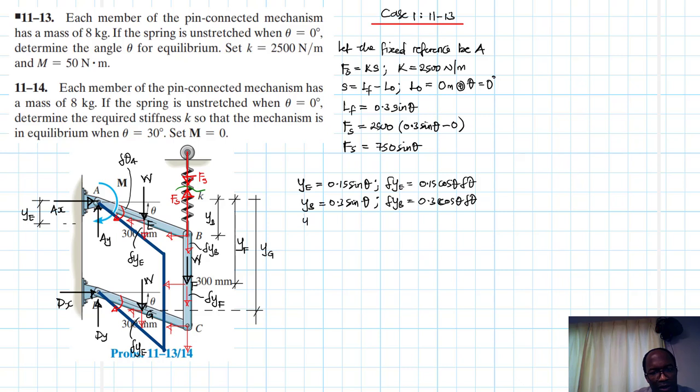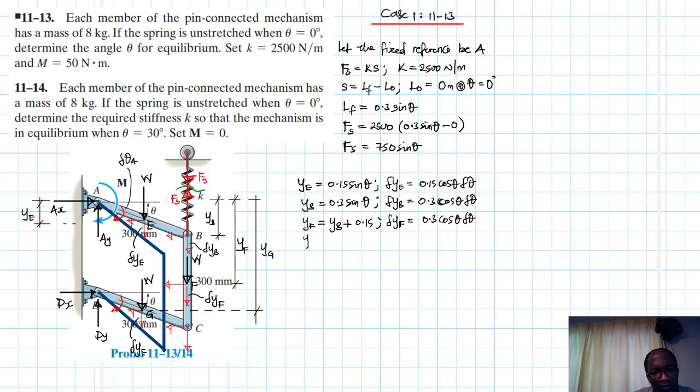The next one is yF, and yF is just going to be equal to yB plus half the length, which is 0.15, and the vector displacement del yF will give us 0.3 cos theta del theta.